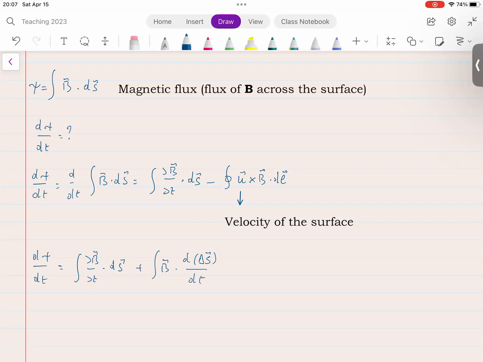And if you just make a little plot of this, you can convince yourself that the differential, I'm cutting this short because of time constraints, okay, differential of this surface is going to be given by u dt cross dl, or call it delta L, since I'm using bigger uppercase delta.